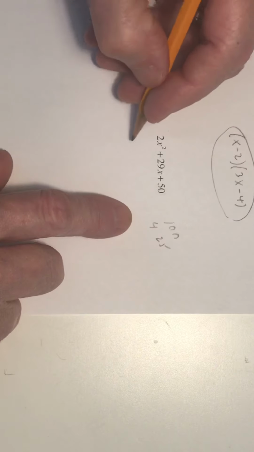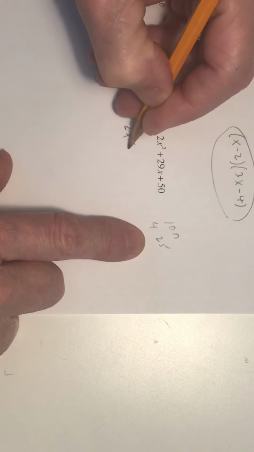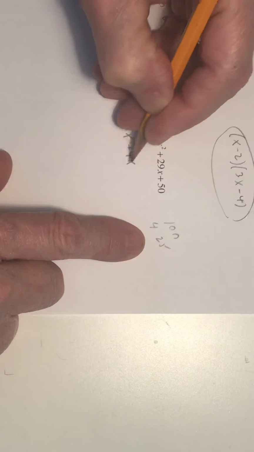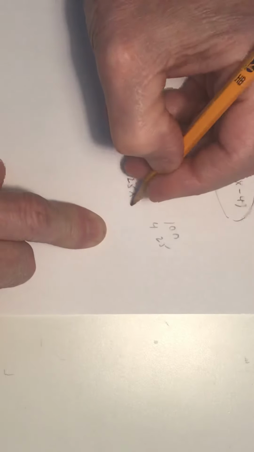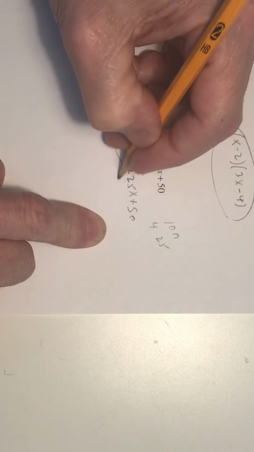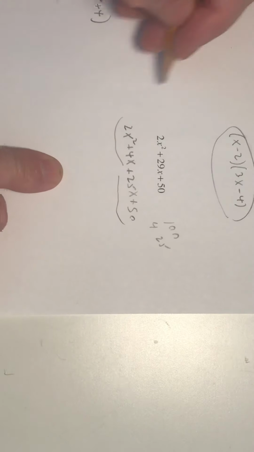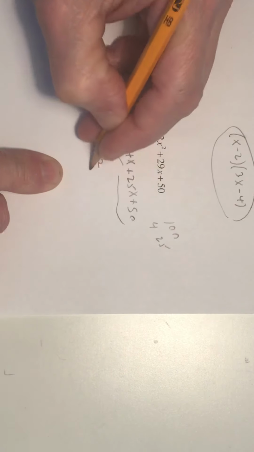So, replacing the middle, I'm going to write 4x plus 25x instead of 29x. And I got common factor 2x. 2x times x plus 2.